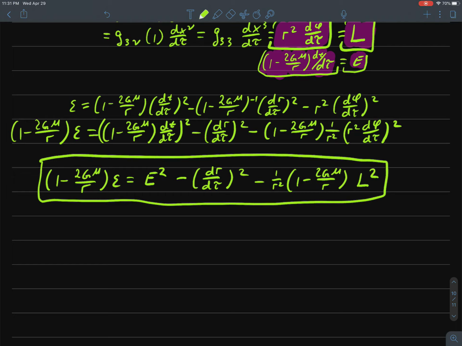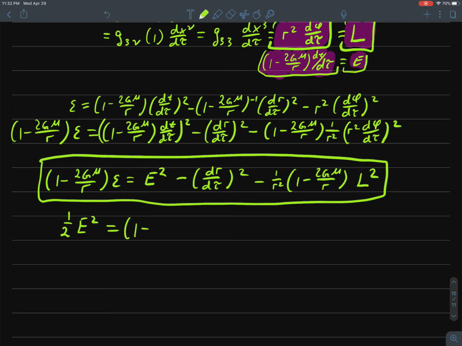In fact, I'm going to divide E squared by 2. And let me write down this term here. So I get 1/2. So I'm going to have minus 1 minus 2 GM. No, there's no minus there. Sorry. I was looking at the wrong thing.